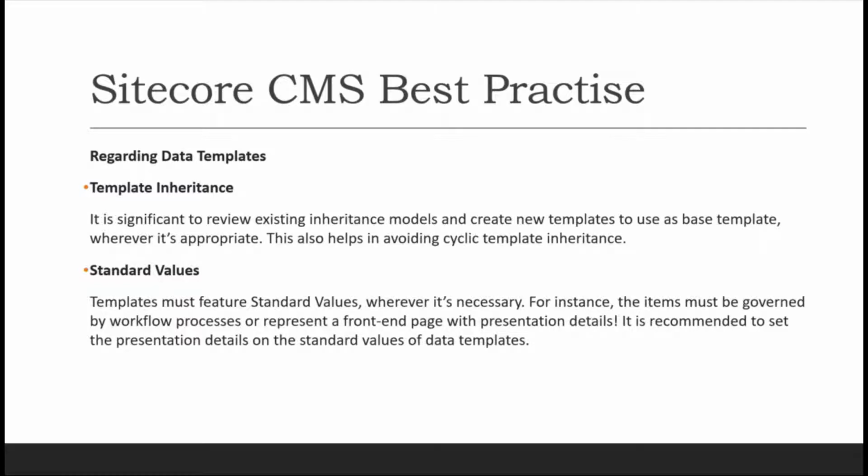Instead of creating a very large template, split the template into small chunks based on the section and its business implication, create a base template, and inherit the respective other templates as child templates. Make sure it is not a cyclic template inheritance. Inheritance should be followed at the template level. That is a Sitecore CMS best practice.